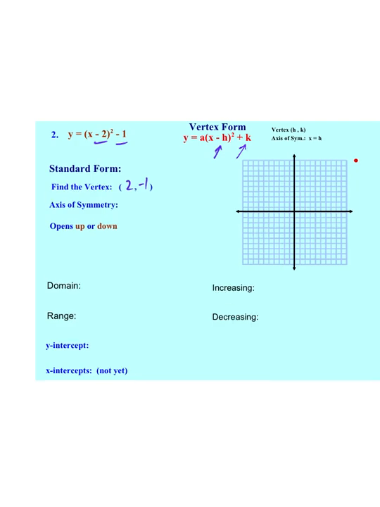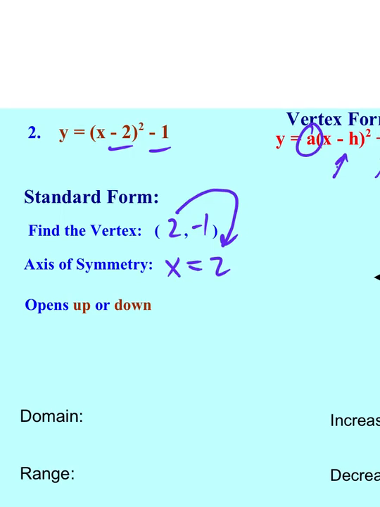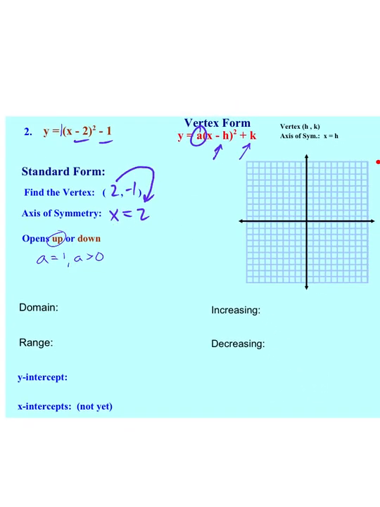If the vertex is 2, -1, then the axis of symmetry, not -2, has to be x equals 2, because again, that's just that value. The a value up front, without having anything there, would just be a 1. So a equals 1, which of course means a is greater than 0. So this opens up.